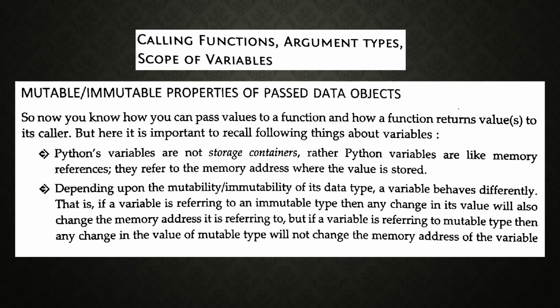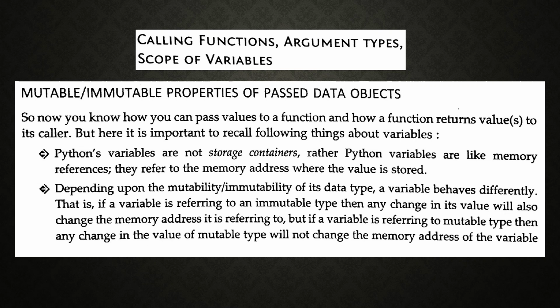In case a equal to 5, it is at address 1500. If you change a equal to a plus 5, 5 plus 5 is 10, so its address is in some other location, not 1500. The value 5 is stored in 1500; the incremented value is somewhere else.